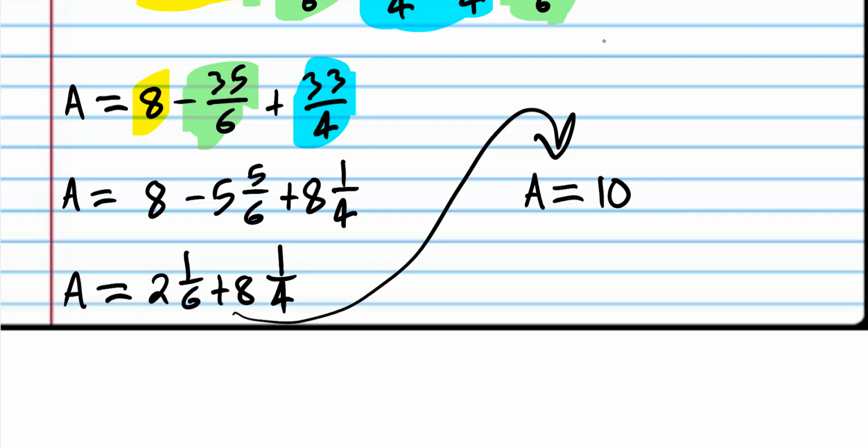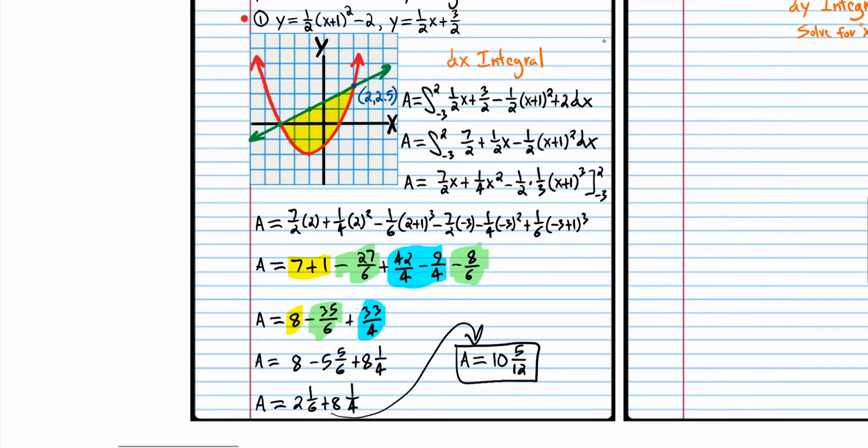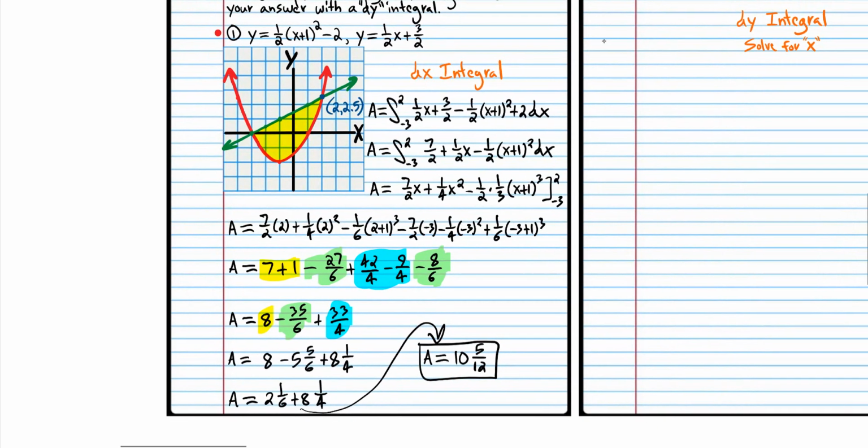So looks like that would be 10 and 5/12. So that is just some review. We've already done this type of stuff before. There's nothing really new about that.